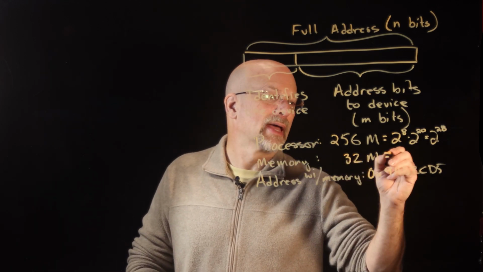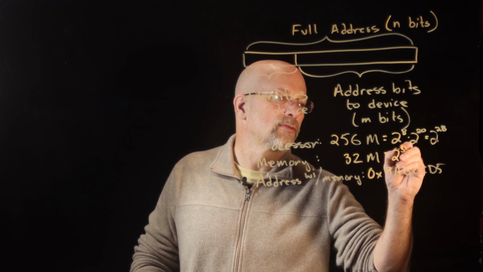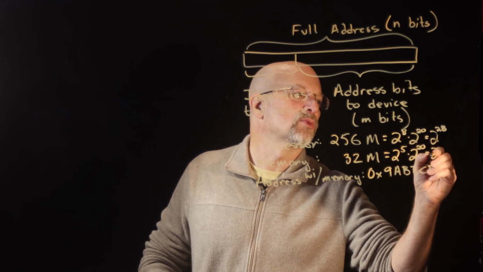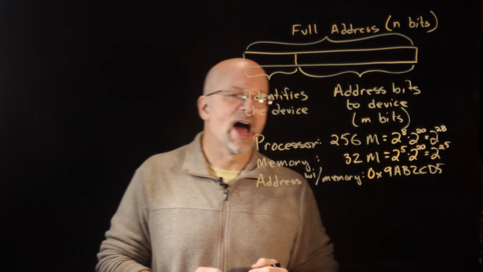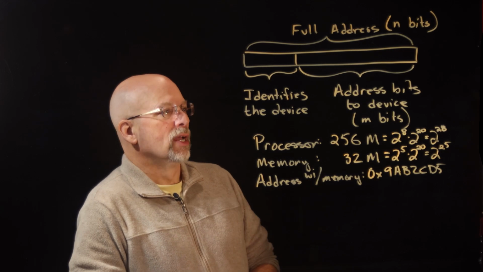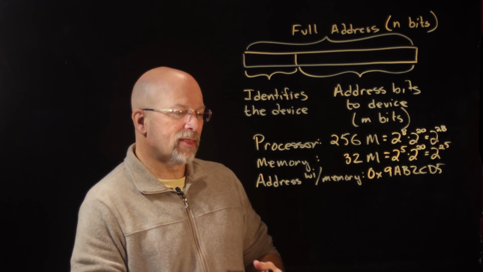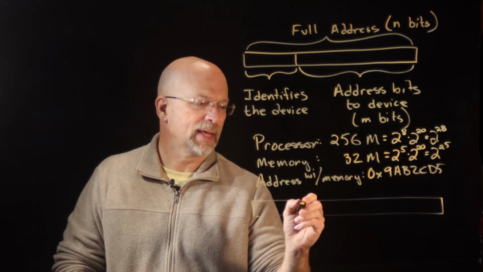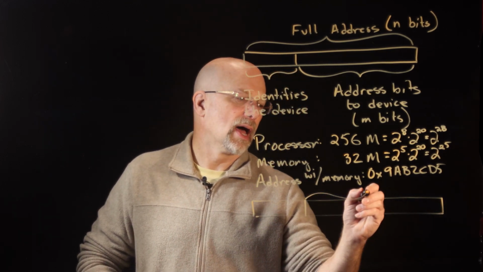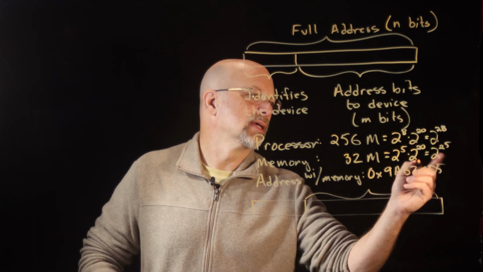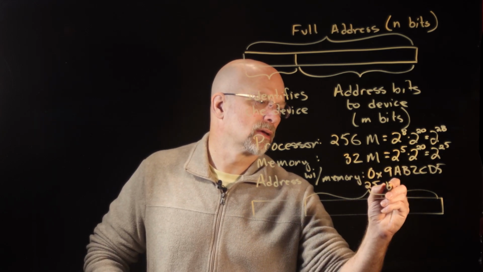So 32 meg: 32 is 2 to the 5th, and a meg, once again, is 2 to the 20th, which means we have 25 address lines going to the memory device. If we break this down into our pieces, the number of bits here is 25 bits.